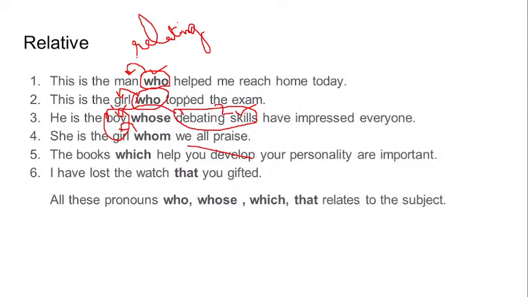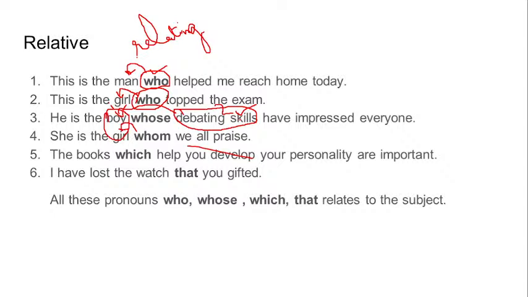So whose debating skill is this? Debating skills belong to the boy, right? That is why here we have used whose. But here, "She is the girl whom we all praise." The praise is related to the girl. In the third sentence, there is this sense of belonging.